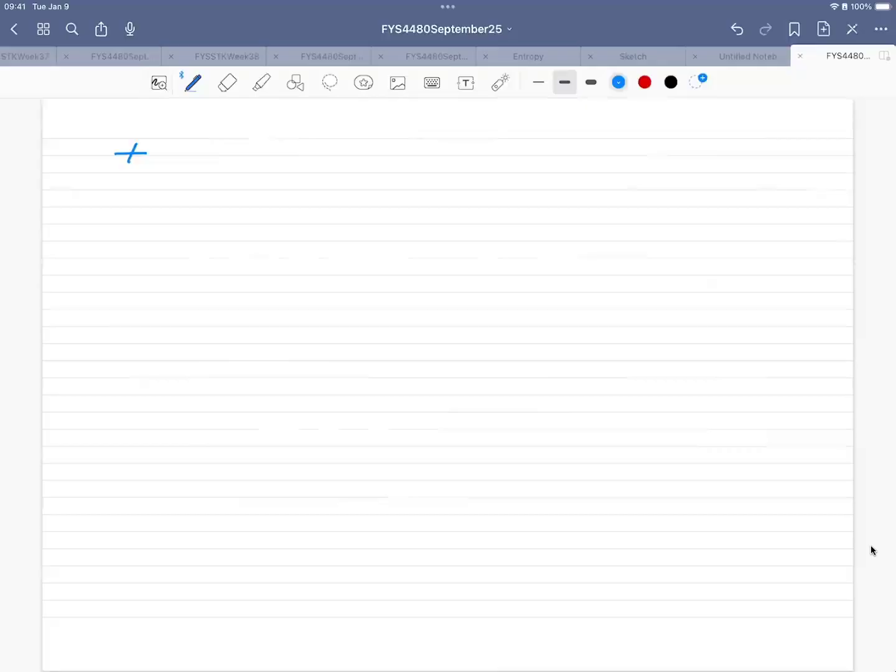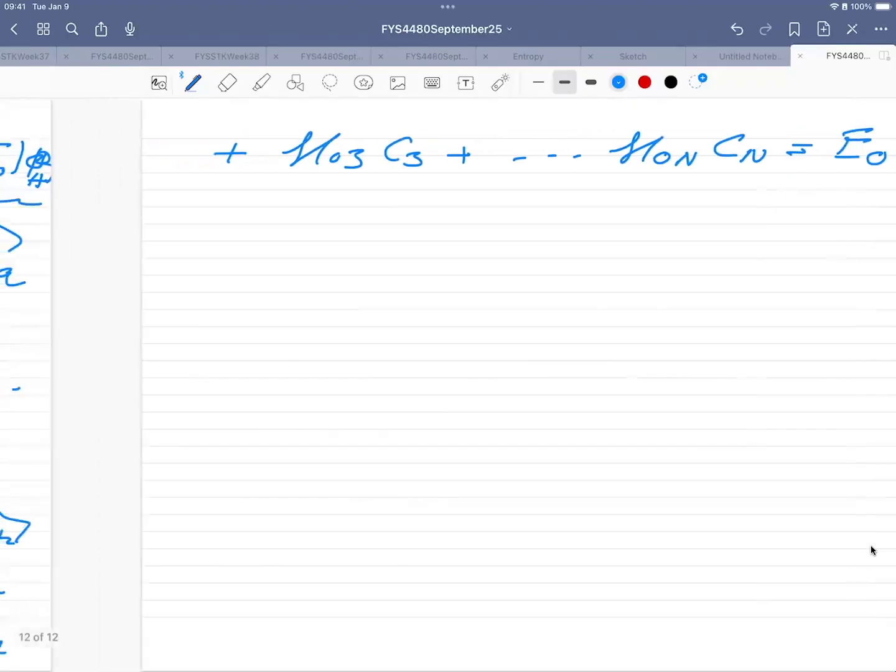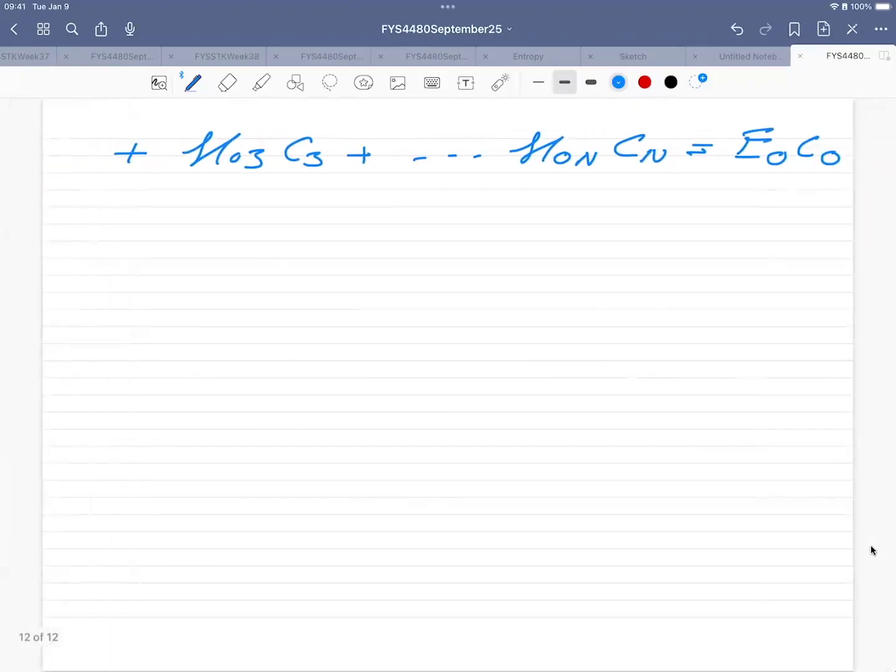So I'm going to have this one, which is H03 of C3 plus, plus, plus, and then I have H0, and then I have N here, which is N particle N hole times C of N, and that equals E0 times C0. So that's my first line, which comes through by multiplying with phi 0.